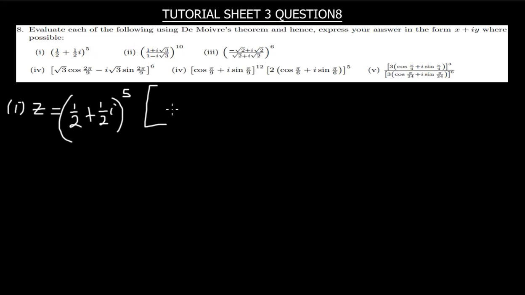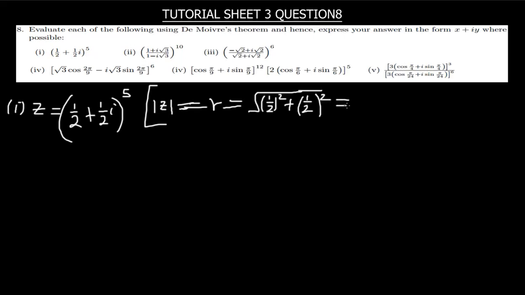So we convert this one by first finding the magnitude of this same complex number. So the magnitude of z, which is also sometimes called r, is equal to the square root of half squared plus half again squared.